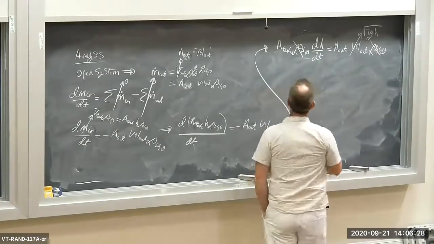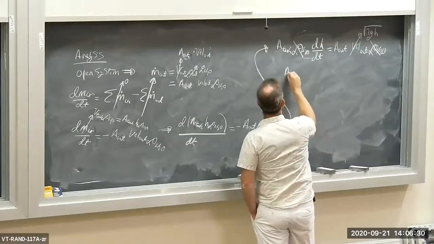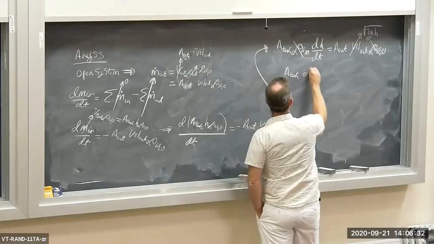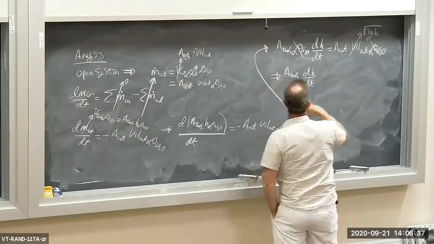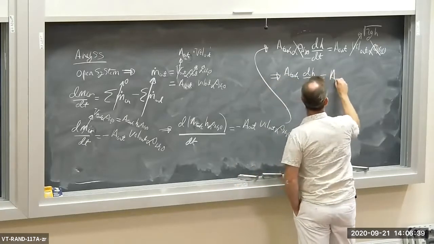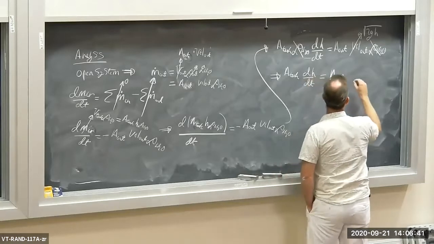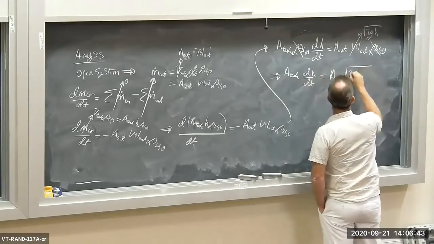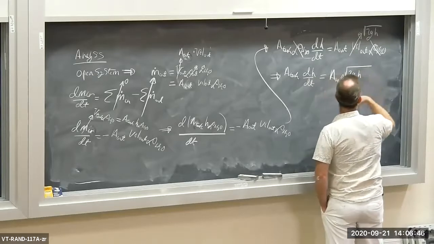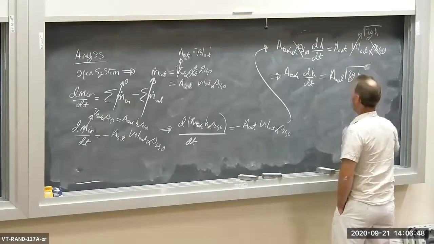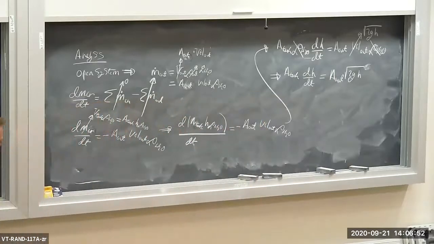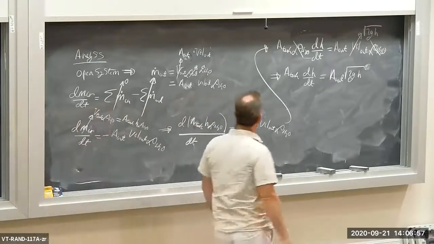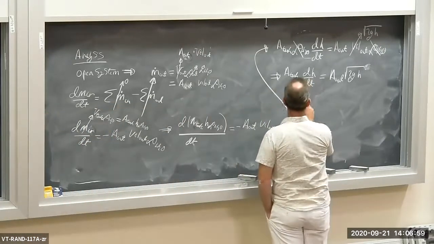So let's write out what I have. Area tank dH dt is equal to flow area of the outlet times square root 2GH, and the density terms are gone. Okay? So let me solve this for dH dt.